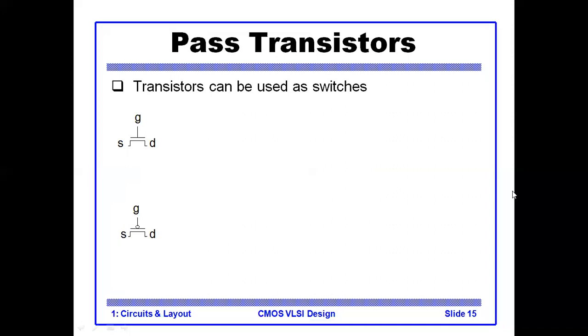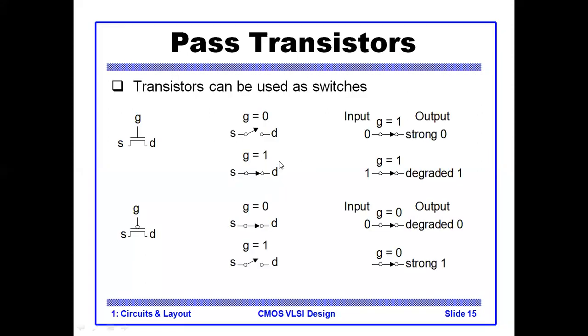Okay, so these are pass transistors. Transistors can be used as switches. With this slide you can understand the symbols for the NMOS and PMOS type. When I'm applying G equal to 1 to the NMOS, it becomes a closed switch. When G is equal to 0, it is an off switch.